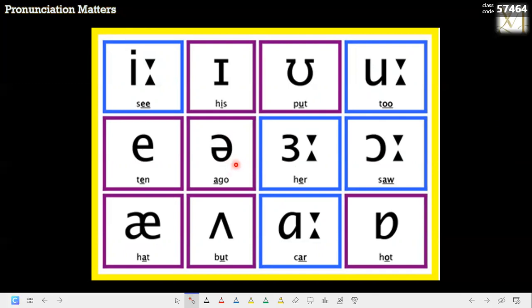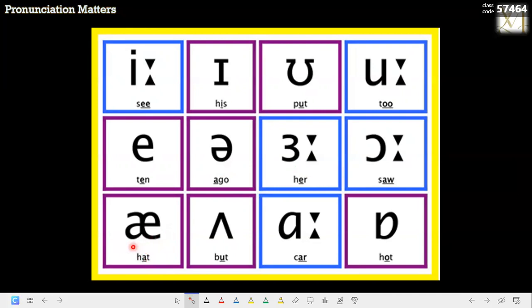It is found in many words in English, so we need to give particular attention to this sound. We say ago, not ago, we say ago. It's a very short vowel. And also we have /æ/, like hat.